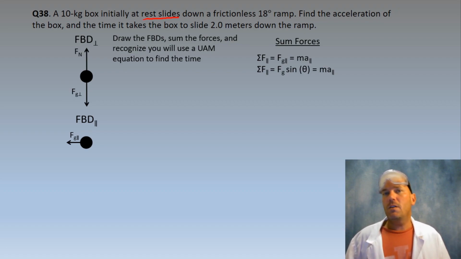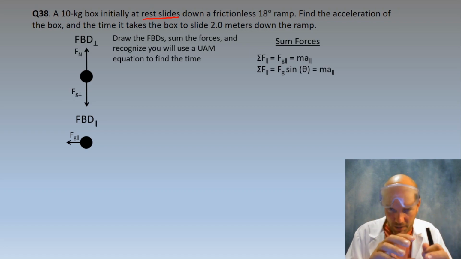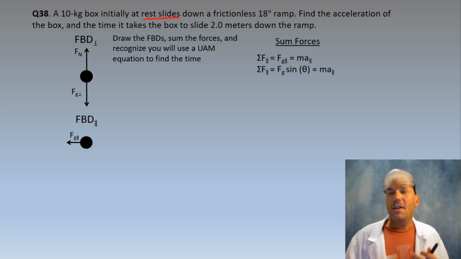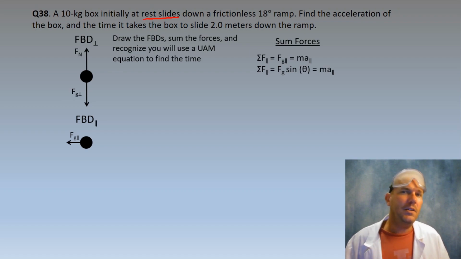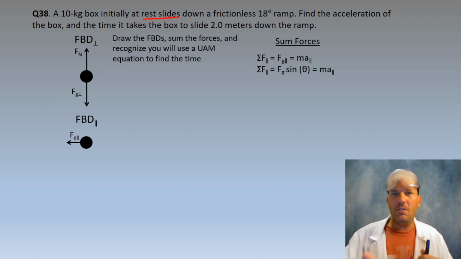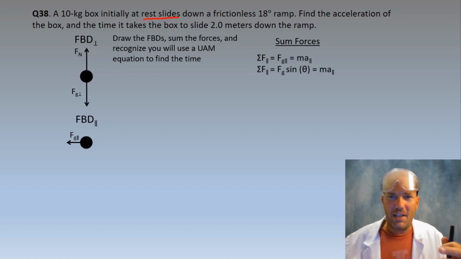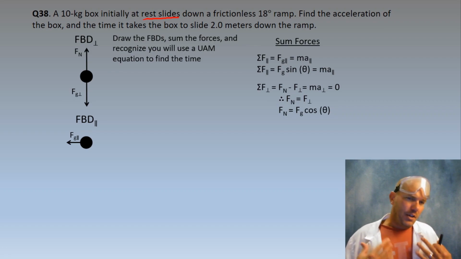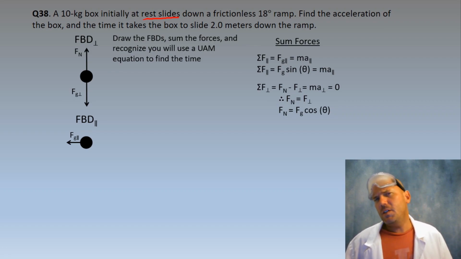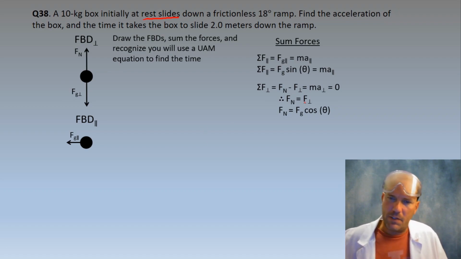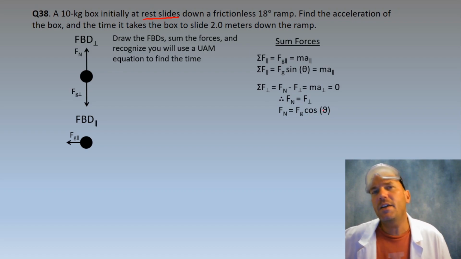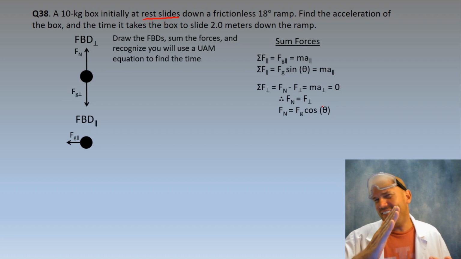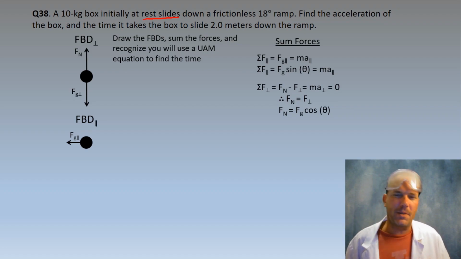We know from the trigonometry that I've gone over repeatedly that the force of gravity parallel is equal to mass times the acceleration due to gravity multiplied by sine theta. In the perpendicular direction, the force normal is equal to mass times gravity times cosine theta, because that's the adjacent side of that triangle, the perpendicular.